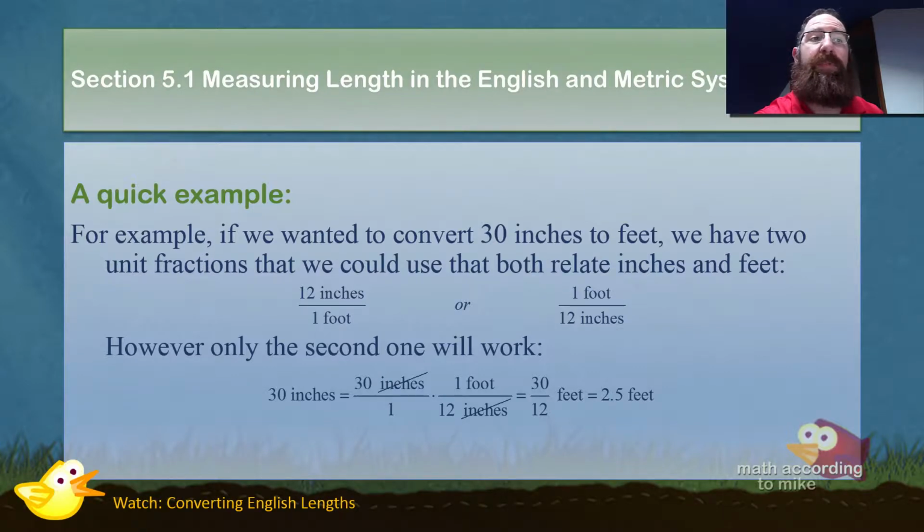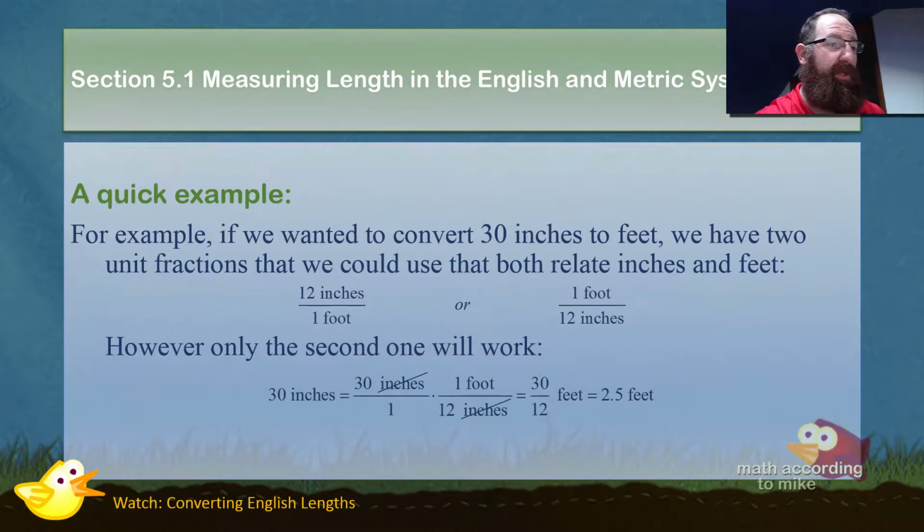The reason we would pick the second one is because, look at the last line, 30 inches is the same thing as 30 inches over 1. And so if we multiply that by the unit fraction 1 foot per 12 inches, what happens to the inches? They cancel. So if we had picked the first unit fraction, 12 inches per 1 foot, the inches would not have canceled, and we would have ended up with something horrible.